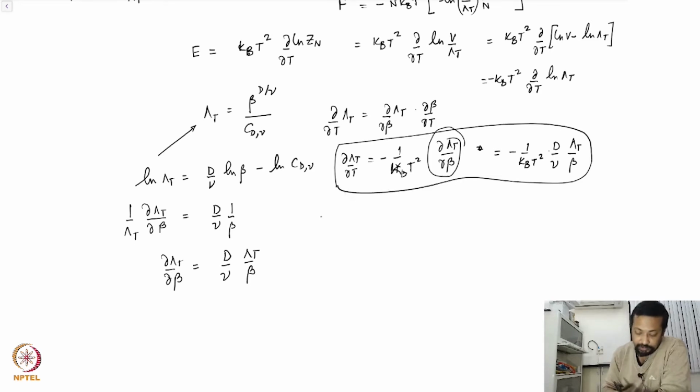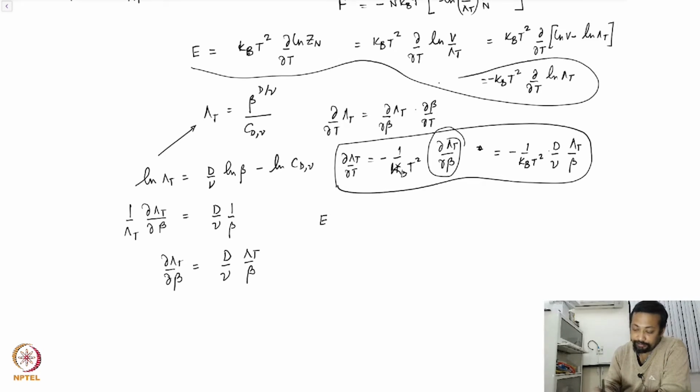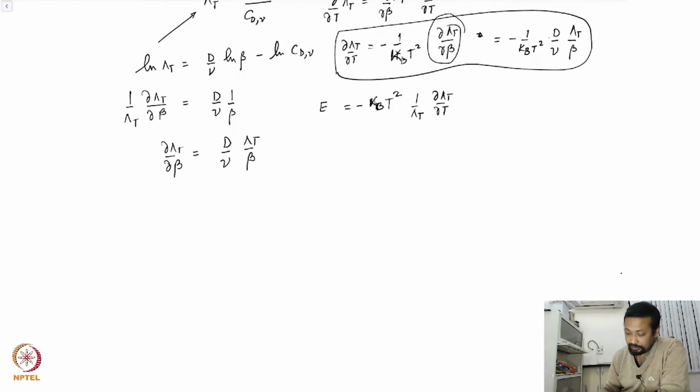Right? Let's go back to the energy expression which we had over here, and the final form was minus kB T squared del T of ln lambda t, which is 1 by lambda t del lambda t del T. Actually, we could have avoided all this exercise, just taken a derivative with respect to T of just this one, then life would have been simpler.